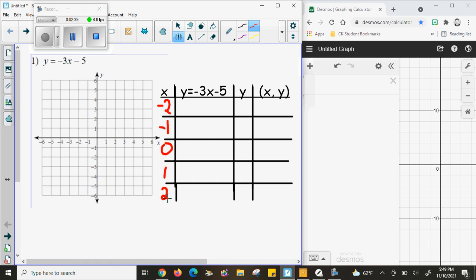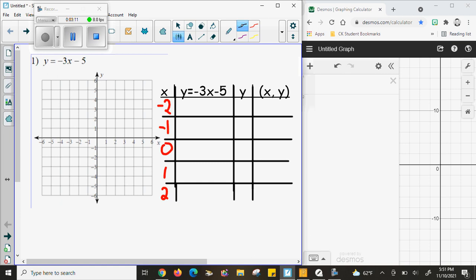Now, I want to go ahead and make this something even simpler than in the past. When creating these table of values, where we start once we pick our x values is we now take the equation and substitute those x values into the equation.